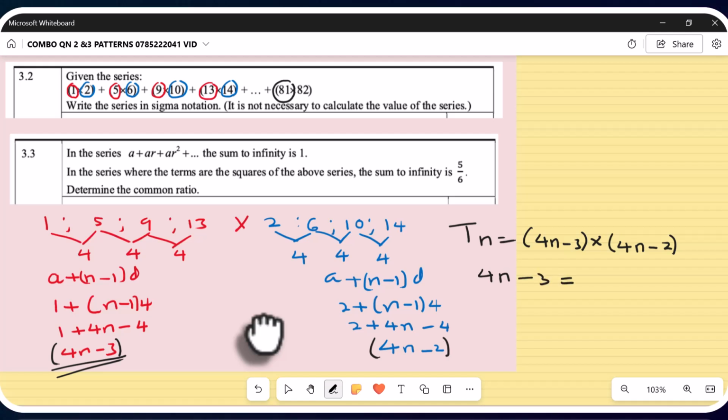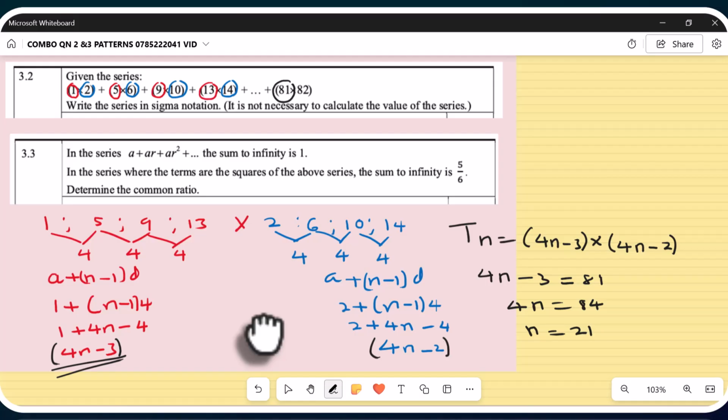But then, if we talk about the squares of the terms, our common ratio for the squares would be AR, but squared, because they said squares, divided by a squared. So what we get here?